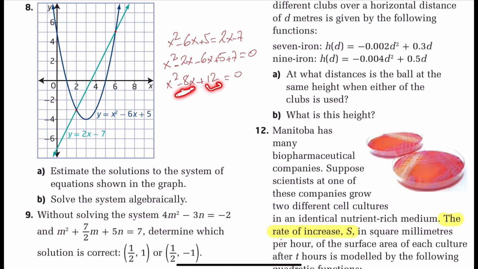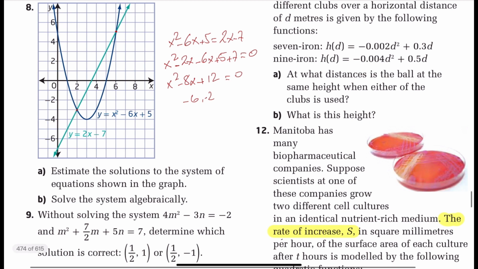If you add them you will get -8, and if you multiply them you will get 12. And these two numbers are what? Two numbers that add up to -8. I can say -6 and -2. Yes, these two add up to -8, and if you multiply both of them you will get 12.